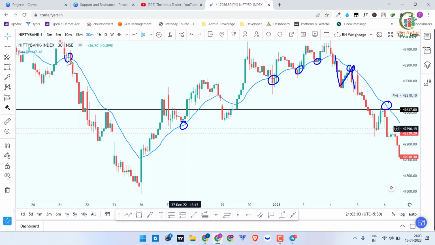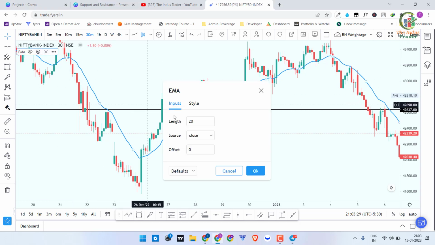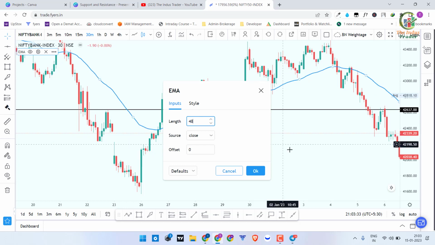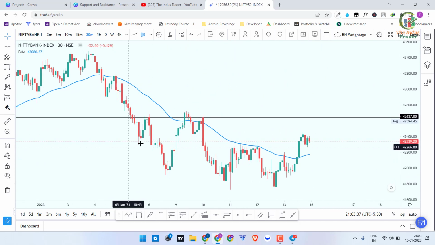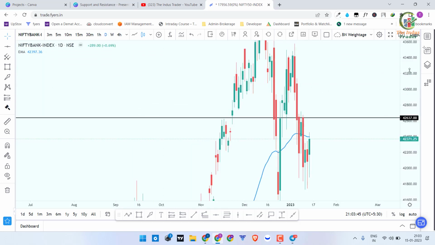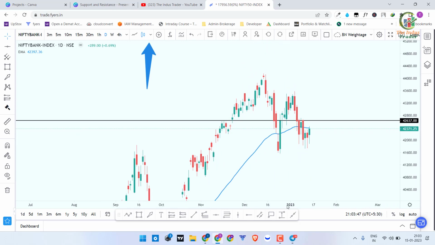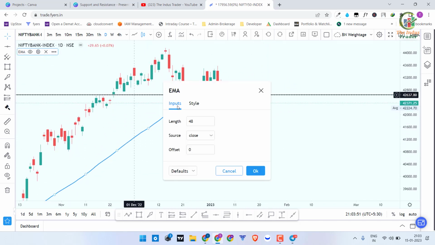You usually see some noise on a lower EMA, but if you increase the length of the EMA to 48, you can see clearer support and resistance. But it depends upon what type of trading you are doing. I usually see this on the daily time frame. In the daily time frame, the price is still below the 20 EMA and 48 EMA.